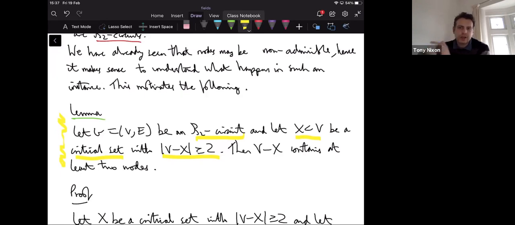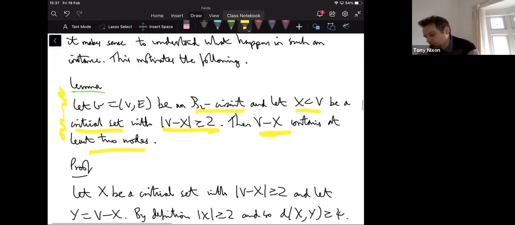So obviously then the V and the Z would not be in it, so you would have this at least 2 property. And the conclusion of the lemma is that outside of this critical set, there are at least 2 nodes. So if you find a node you can't reduce as a critical set, but there's at least 2 other vertices, somewhere in that rest of the graph there's at least 2 nodes, and you can try and do a 1 reduction there. So why is this true?